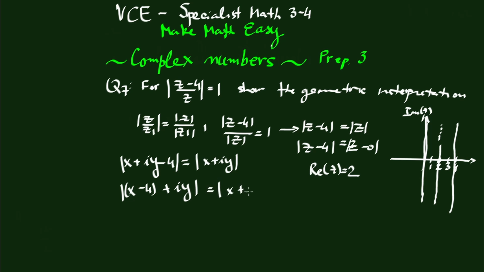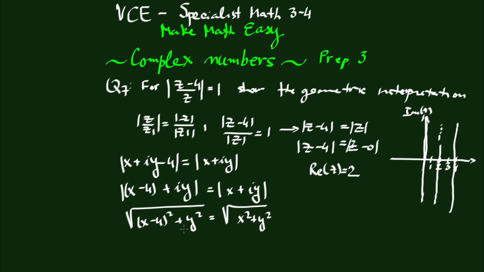So the modulus says x minus 4 squared plus y squared equals x squared plus y squared. Lose the roots, and you get x minus 4 squared plus y squared equals x squared plus y squared.